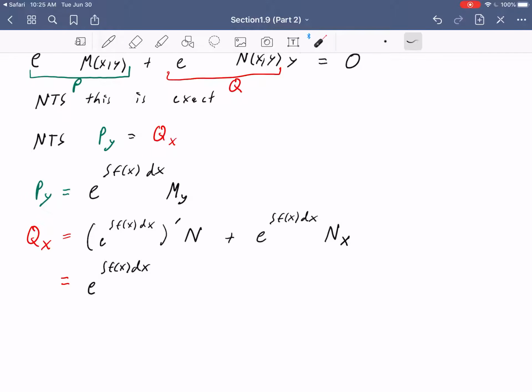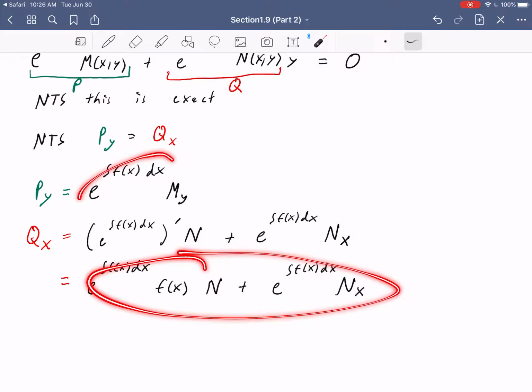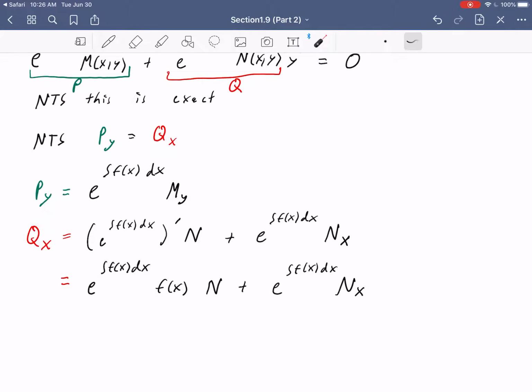Then we need to do the derivative of the inside, or of the composition, which is the integral f(x) dx. Derivative of the integral, well, that's the fundamental theorem. That's going to give us f(x). And then, of course, we still have the N, and we still have the e^(integral f(x) dx) N_x. Okay, this is not super great so far because all of this here is supposed to be equivalent to this, and they don't look very similar yet.